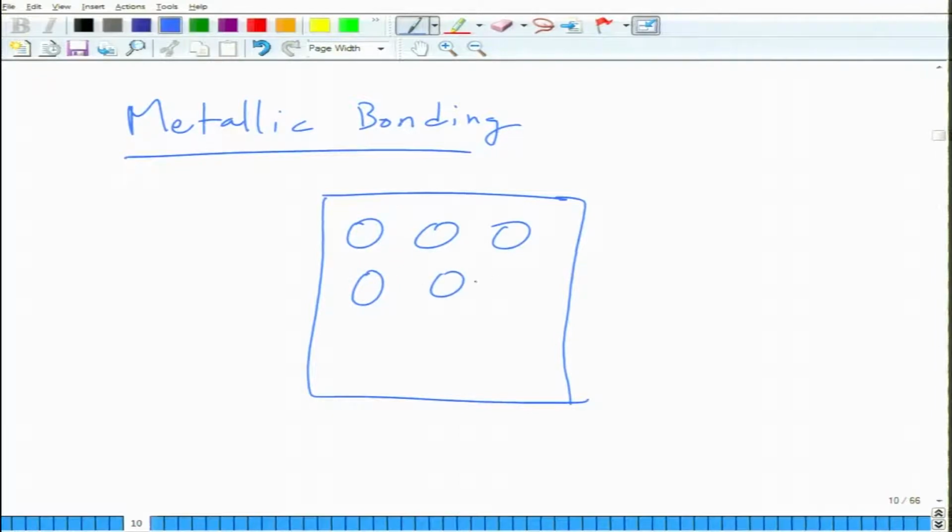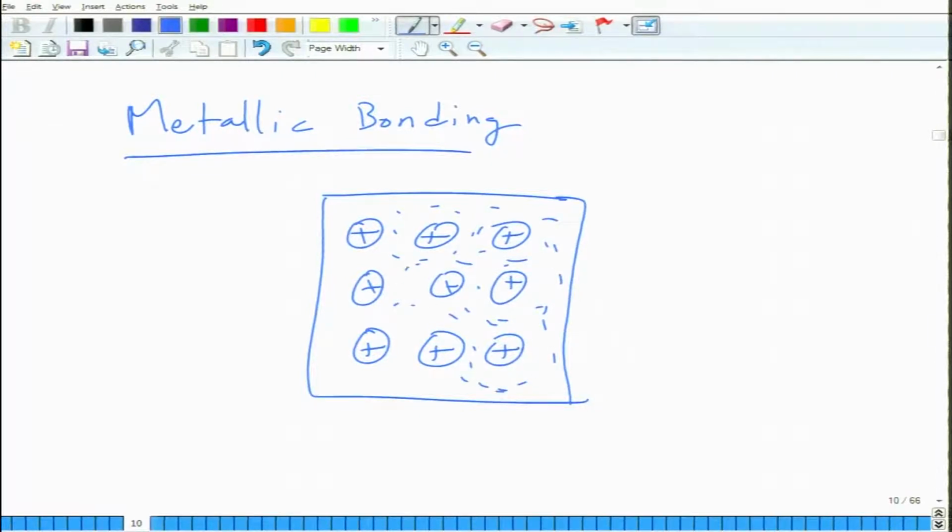Positive cores are left behind and these are surrounded by zillions of electrons which are basically the valence unpaired electrons. So this is, you can say, a sea of free electrons.